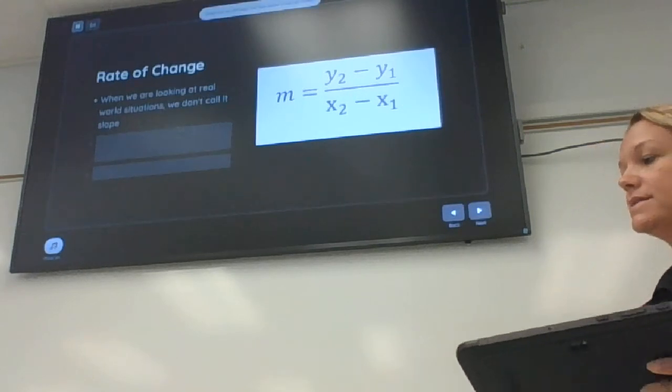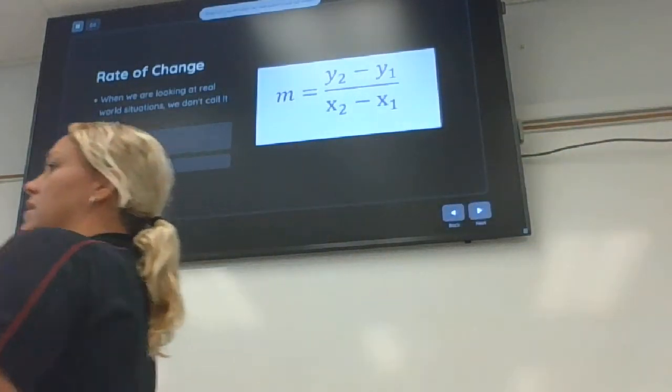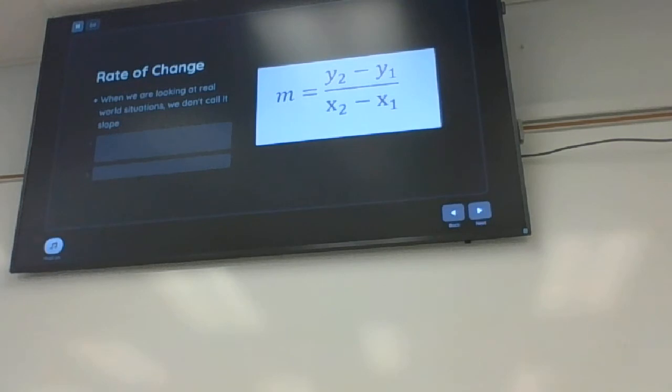Alright, you guys can title this. When we are looking at robot situations, we don't call it slope, we call it rate of change.